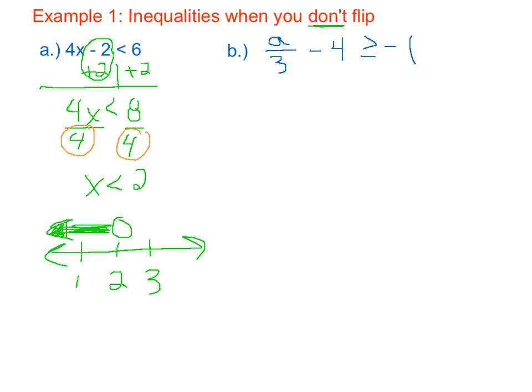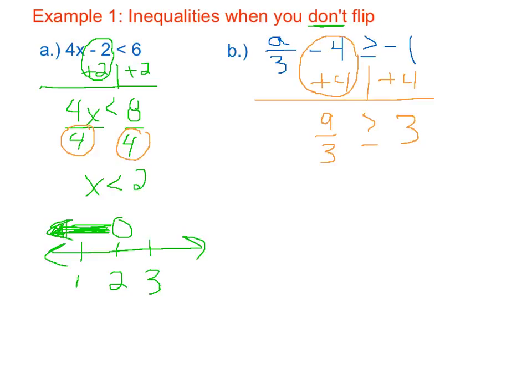Sign stays the same. Now if you look at example B here, we're going to add 4 first. So on the left we put those together, you get 0, so a over 3 remains on the left. On the right, negative 1 plus 4 is 3.